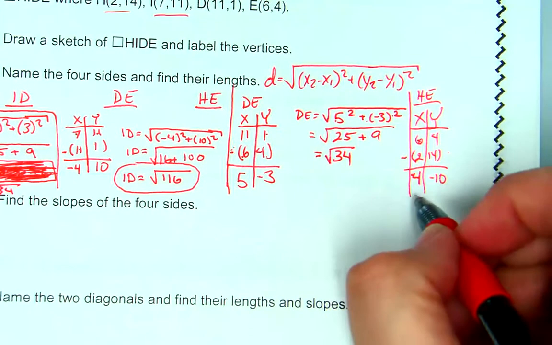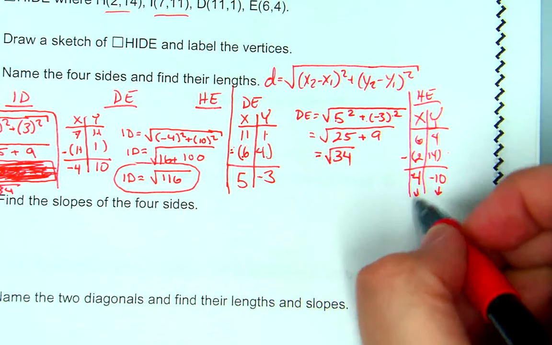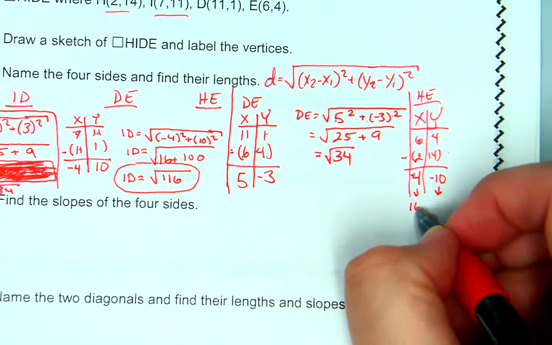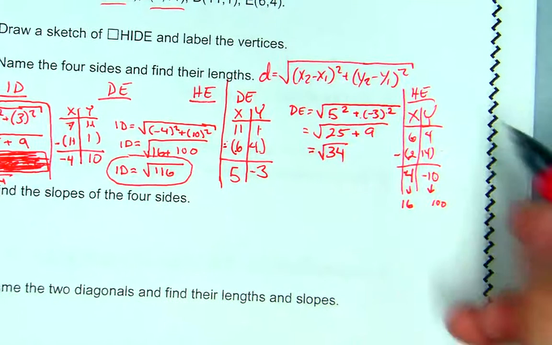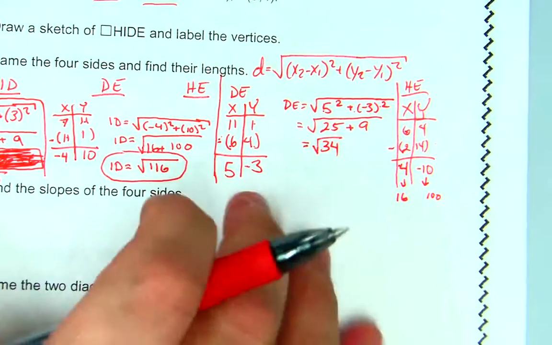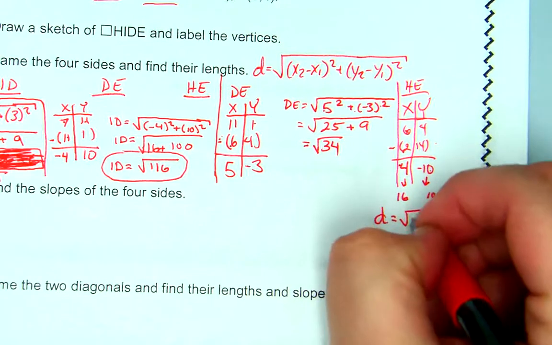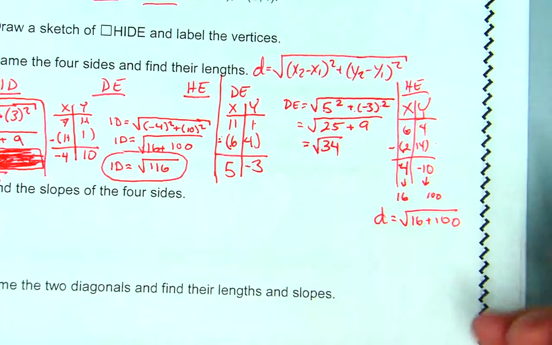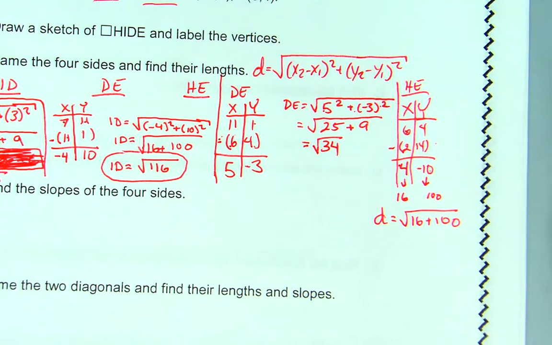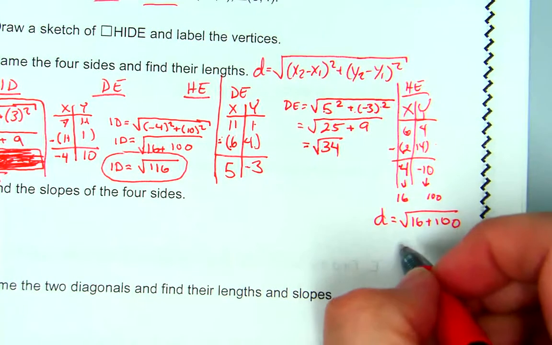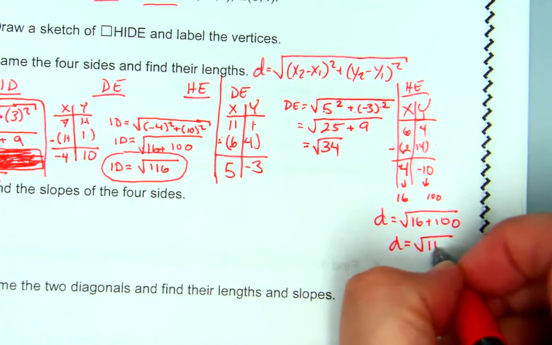Now another thing you can do is take these right here and square them. What's 4 squared? 16. What's 10 squared? 100. So the distance formula is going to be equal to the square root of 16 plus 100. So you can do that all here before you put it in the square root. And that equals 116, doesn't it? All right, so HE is equal to the square root of 116.